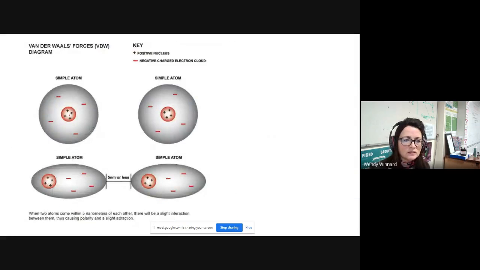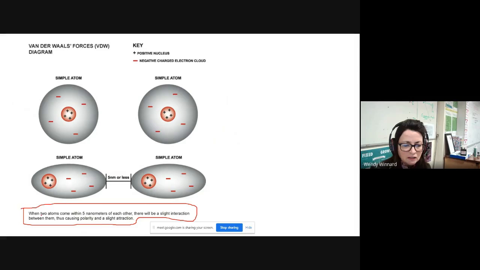Okay, right, so let's look at this diagram here. Here we've got a simple atom. This could be even a noble gas. There is no attraction between these at all. However, when 2 atoms get even slightly closer than 5 nanometers, that's 5 times 10 to the minus 9 meters.